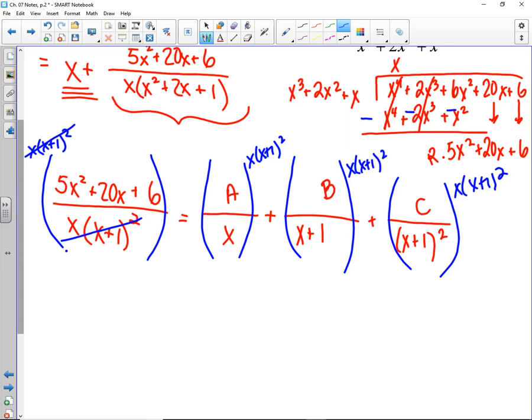If you notice, every single guy is going to have something cancel out. He takes away one of the x plus 1s, and this guy takes away both of the x plus 1s. So see if it makes sense what's remaining.